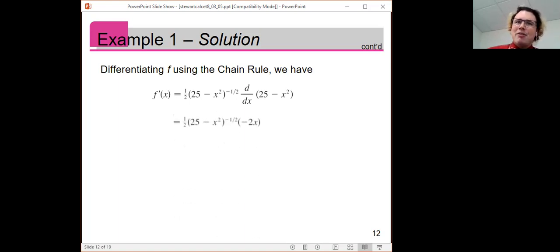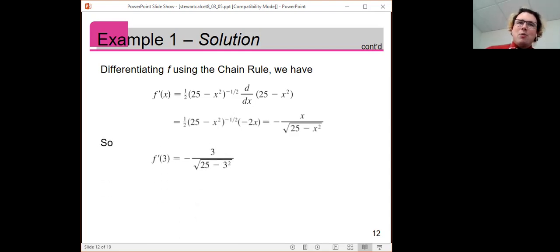Okay, well, that derivative is going to be minus 2x. So this is what the chain rule tells me the derivative should be equal to. I can simplify that a little bit. My derivative is equal to minus x divided by square root of 25 minus x squared. Alrighty.